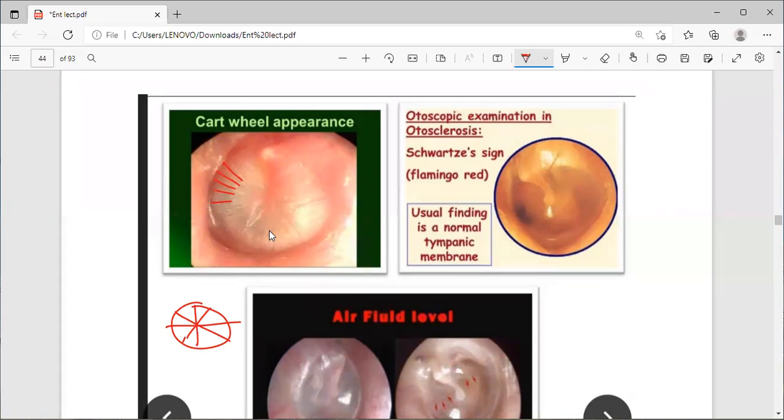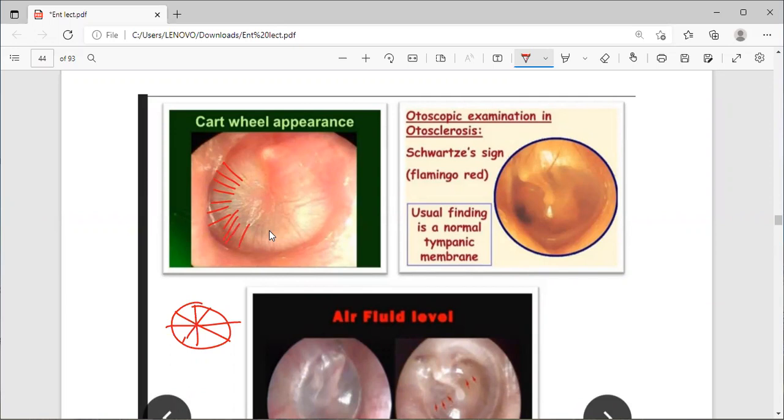Why? Because there is pressure inside the middle ear, pushing the tympanic membrane outward and enhancing the minor capillaries in the tympanic membrane, so they are visible and appear as a cartwheel.